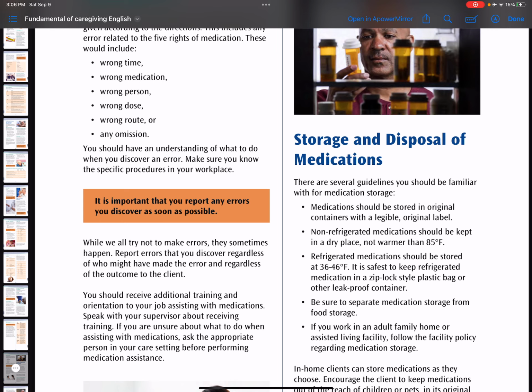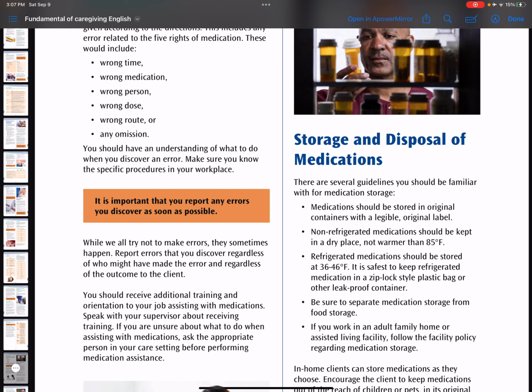And be sure to separate medication storage from the food storage. If you work in an adult family home or assisted living facility, follow the facility policy regarding medication storage. Usually, if you put medication in a fridge, it's a good idea to put it in a Ziploc-style plastic bag or other leak-proof container.